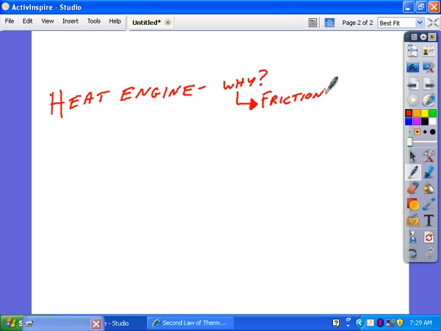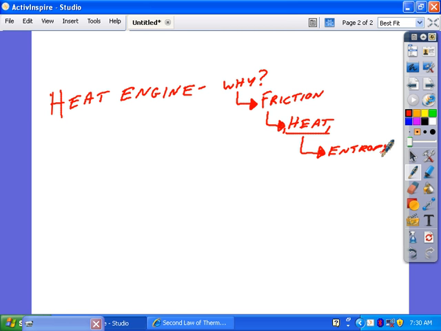With friction, you can never completely eliminate friction. You can get it very small, but you can never completely eliminate it. Now, one side effect of friction is heat. Now, in other words, there's always going to be some waste heat, and that waste heat is going to lead to more entropy.